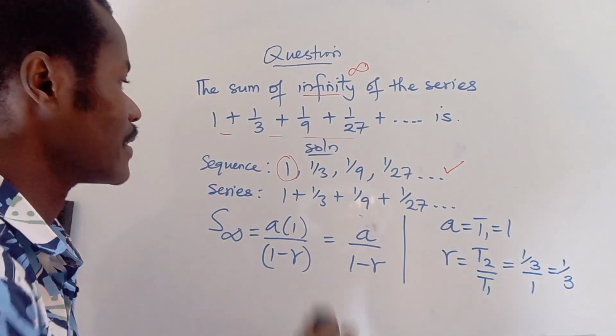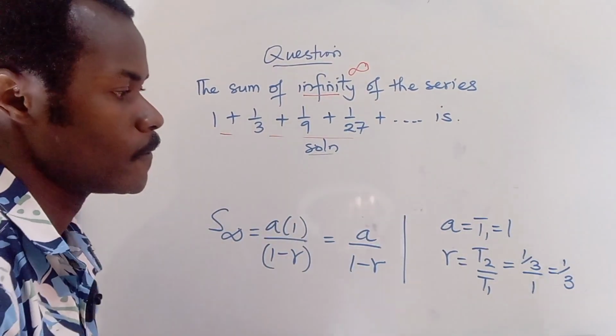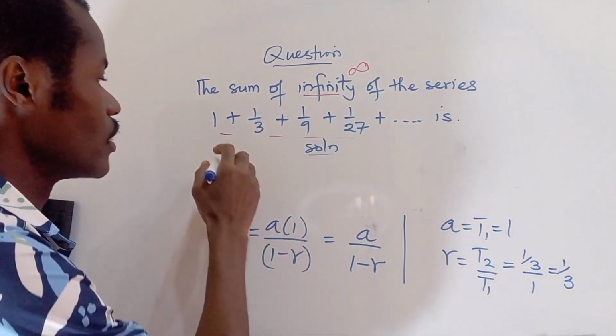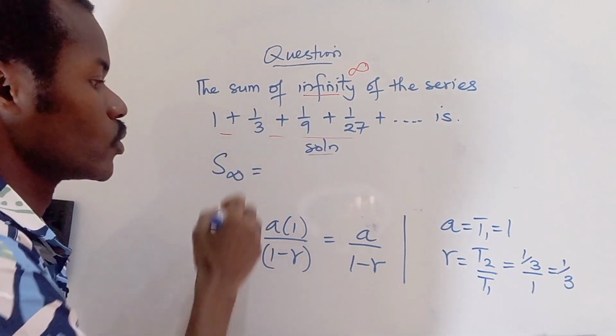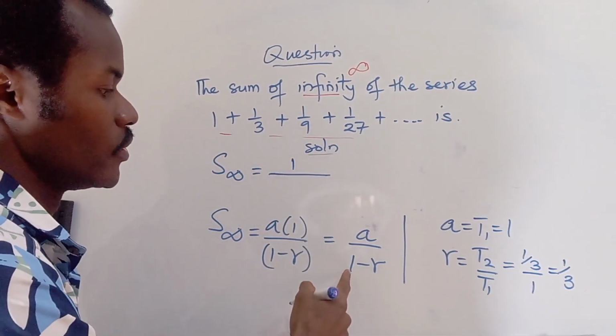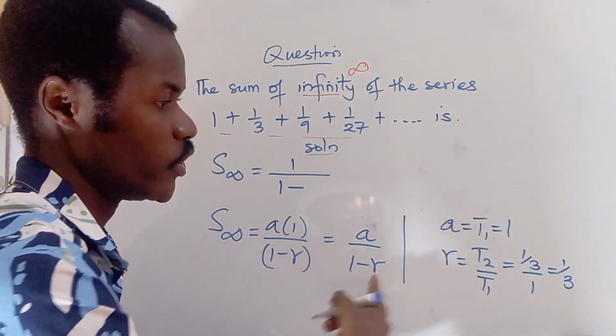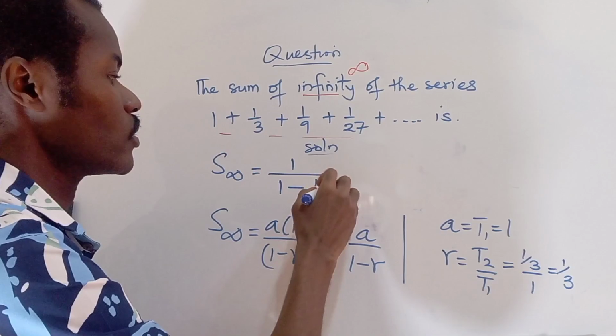So the sum of infinity is equal to a, which is 1, divided by 1 minus the common ratio, 1/3.